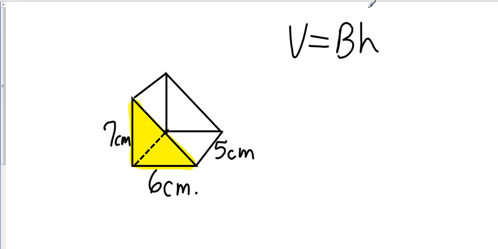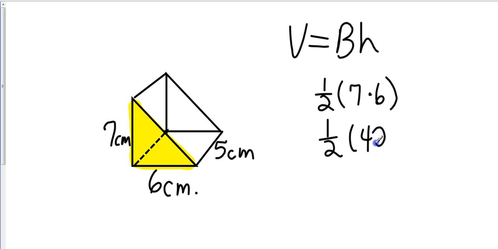Okay, so that's going to be a triangle with sides of 7 and 6. So to find the area, I'm going to take 1/2 of 7 times 6, which is 1/2 of 42, which gives me 21. And then I'm going to take that 21, and I'm going to multiply it by the height, which is 5.